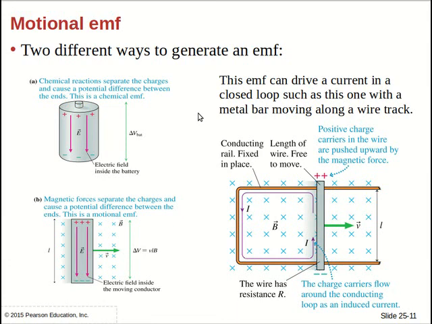So the EMF that exists between the two ends of the bar can drive a current in a closed loop for a situation like the one depicted here. We can actually turn it into a type of battery and generate current just by moving a bar inside of a magnetic field.